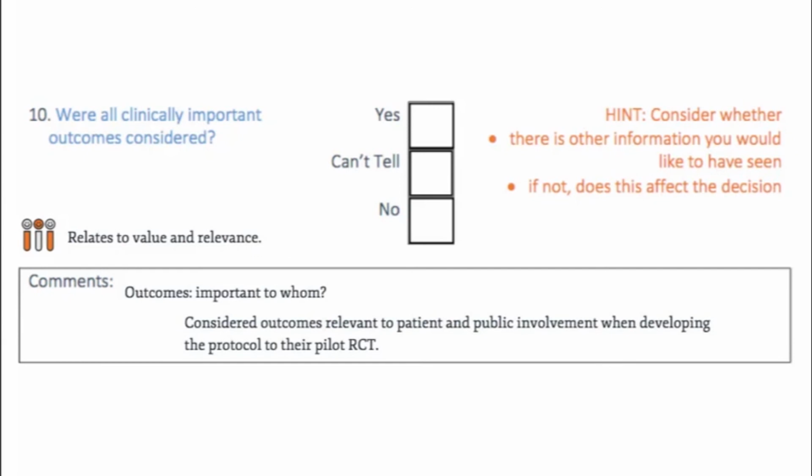Sugg et al. describe their efforts in patient and public involvement when developing the protocol to their pilot RCT. PPI is a factor that can help ensure that research takes into account outcomes and practical benefits for patients in the real world, as opposed to relying on researchers and clinicians to define outcomes alone.